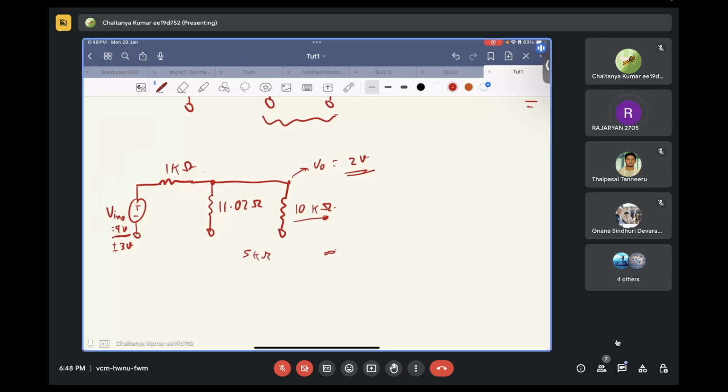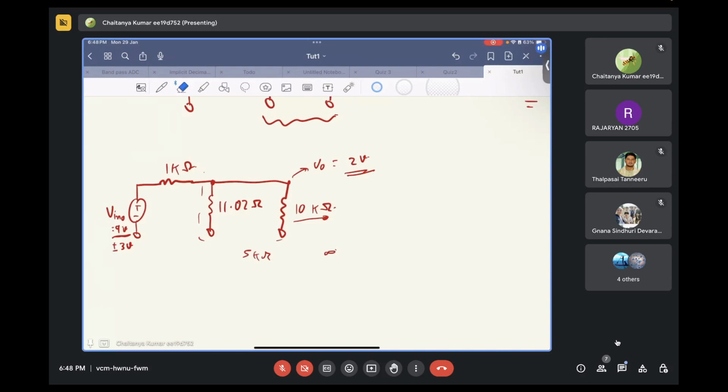Correct. So you mean to say that when the parallel combination of a kilo ohm resistor is taken with an 11 ohm resistor, the change in the overall output resistance will be much smaller. Correct? Yes, sir. Yeah. So that's why, and even in that case, your change in input voltage varies from minus 3 volts to plus 3 volts.